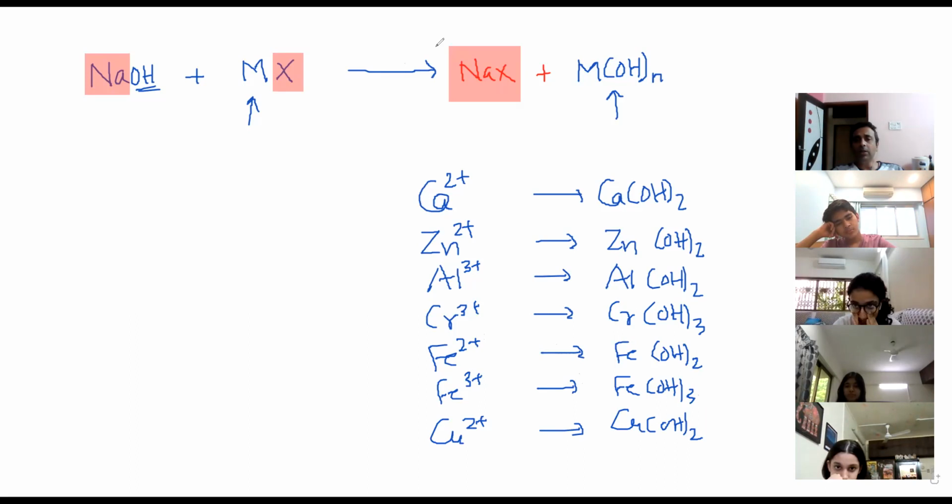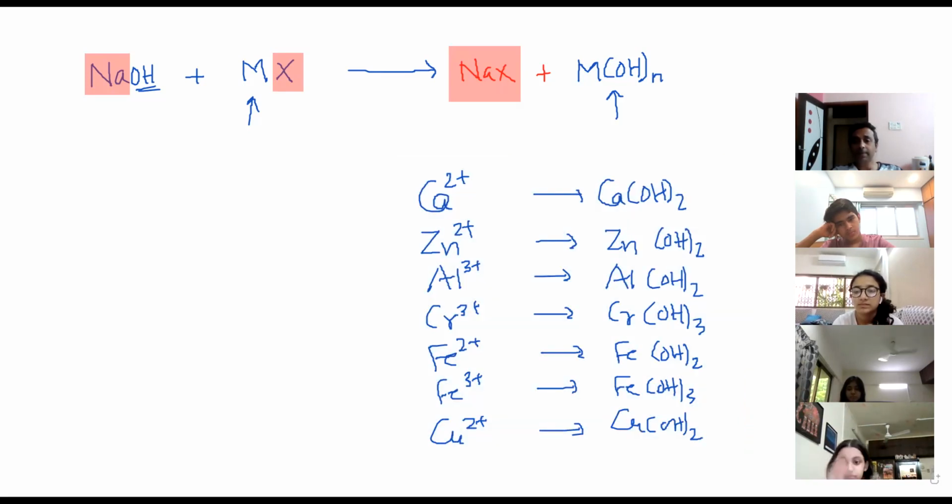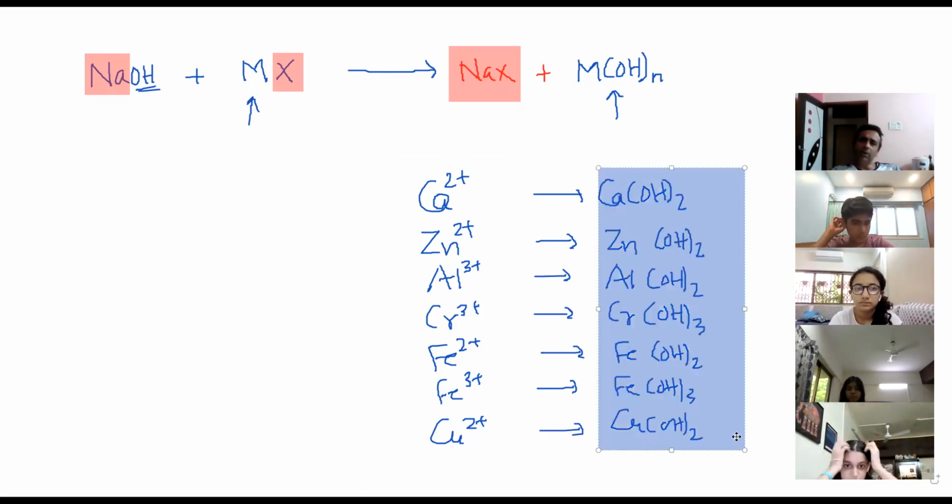Okay, so these are the 7 cations that you need to know. Now, do you recall anything from these 7 specific cations? Did we talk about these? Yes, we spoke of them in the cation analysis. Just for cation, we talked about these. Okay, so what is so peculiar about these hydroxides here?